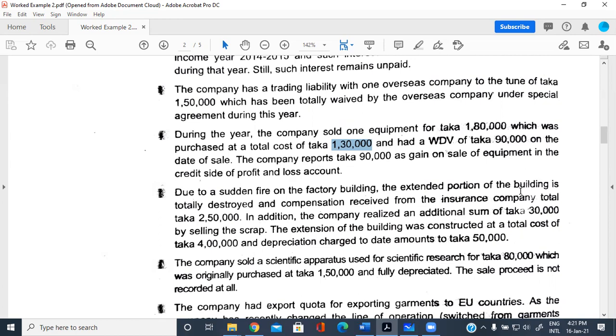Yes, sir. From that 90,000, we need to deduct the 50,000. Then we'll show the 50,000 as inadmissible expenses, kind of.